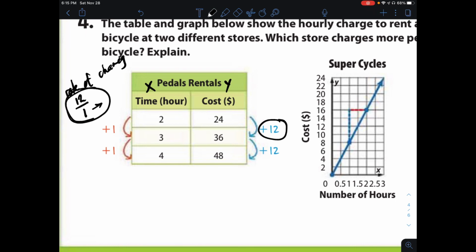So this is already our unit rate. So since this is already our unit rate, this is also our constant rate of change. So our constant rate of change for Pedal Rentals will be $12 for every hour.